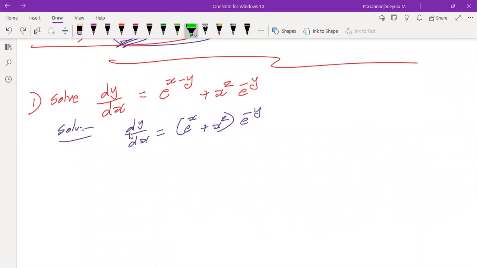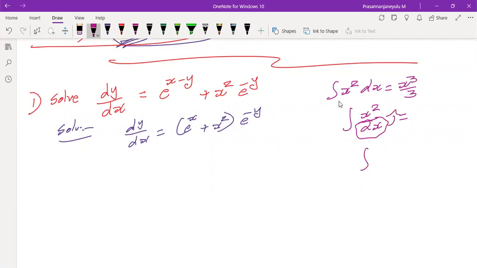Because if we go here, can we find the integration of x square into dx? Yes, we can find it, and we have the formula x cubed by 3. But can we find integration of x square by dx? Do we have any formula for this? No, we do not have any formula. If dx is only in the numerator, then only we have a formula. We do have a formula for integration of 1 by x square into dx also, writing it as x power minus 2.